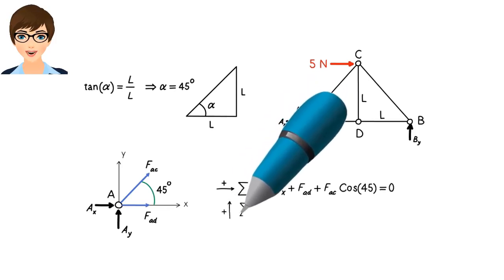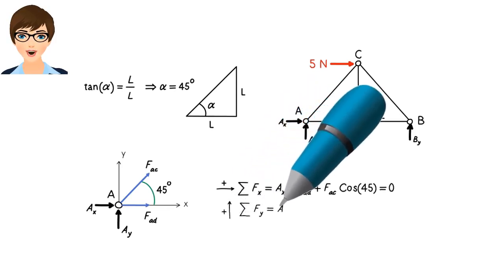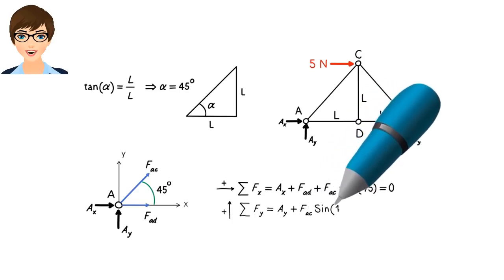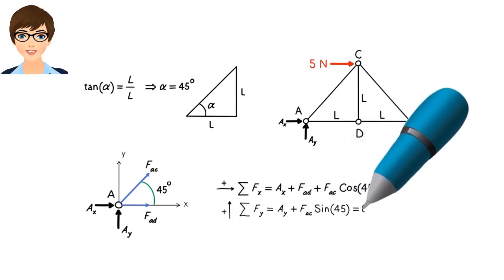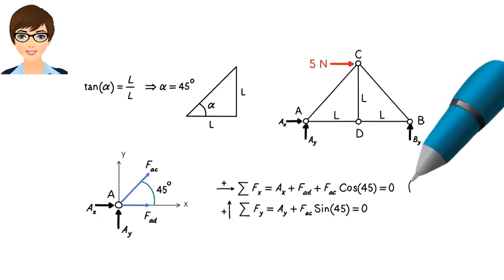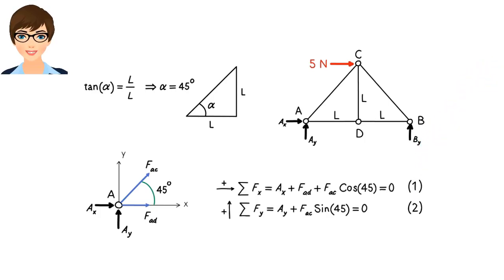And sum of the forces in the y direction equals AY plus FAC sine 45 equals 0. Note that we have 4 unknown forces, but only 2 equations here. Therefore, we cannot solve for the unknowns directly using these equations. Let's number them 1 and 2. We need to apply the equilibrium equations to the remaining joints.